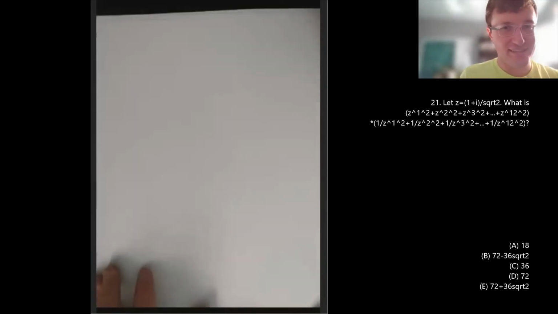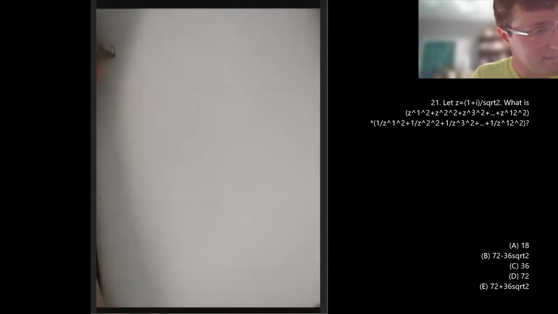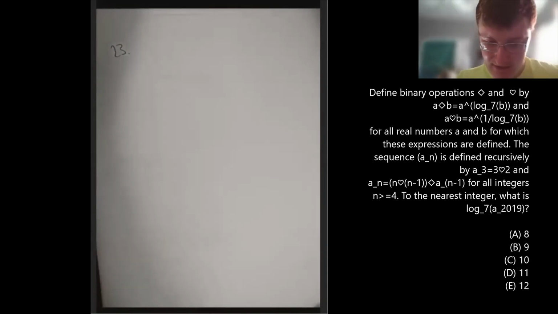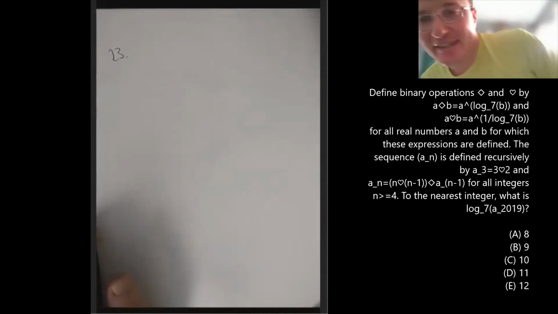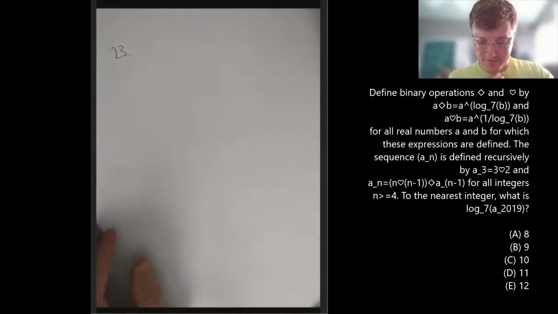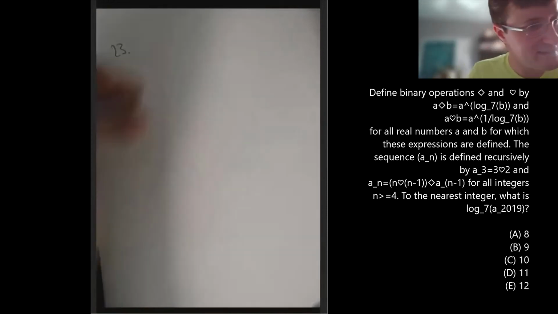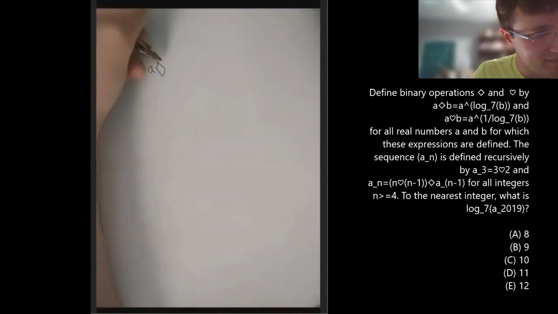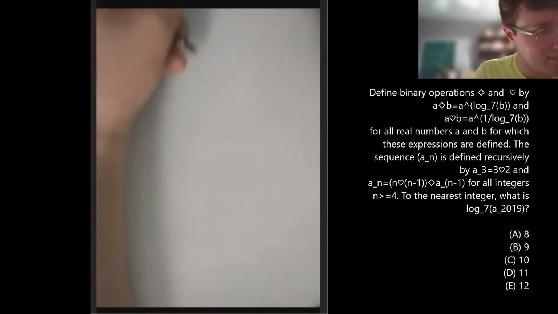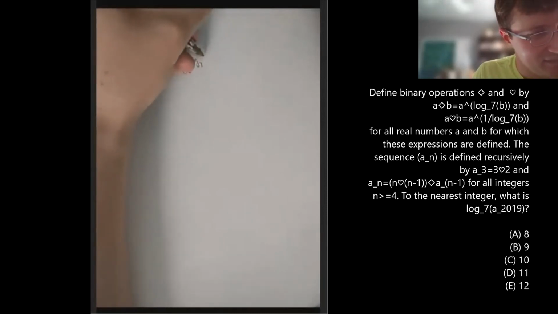Okay, 23. Oh boy, we have some wacky expressions here. So a diamond b equals a to the log base 7 of b.